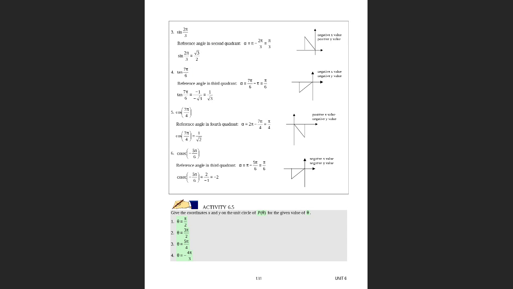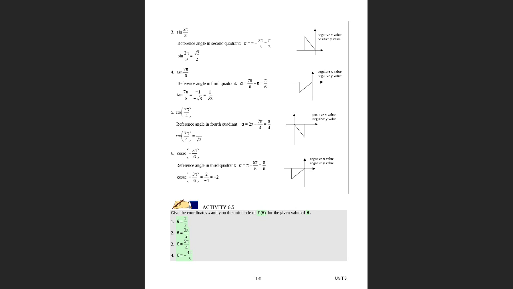Okay, it says give the coordinates x and y in the unit circle of P(theta) for the given value of theta.